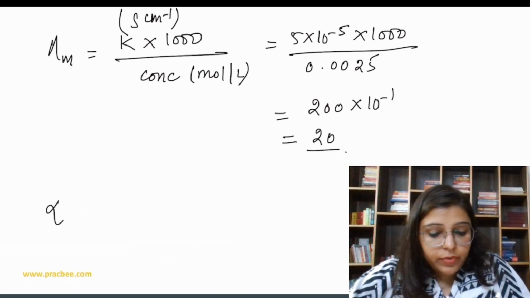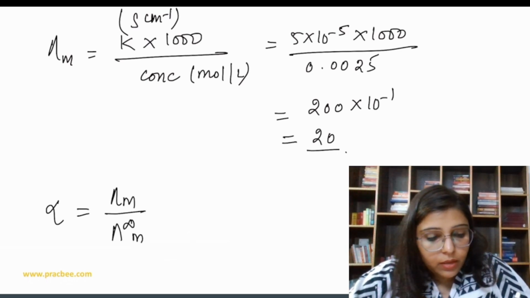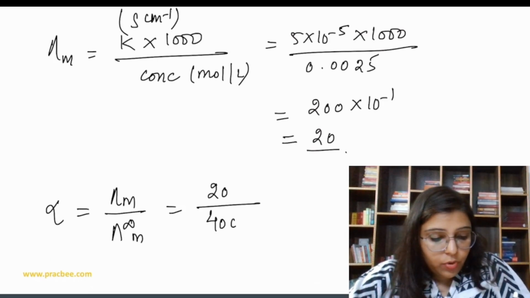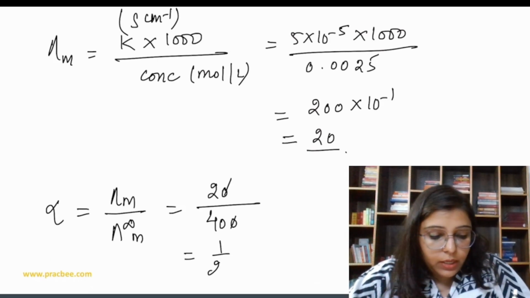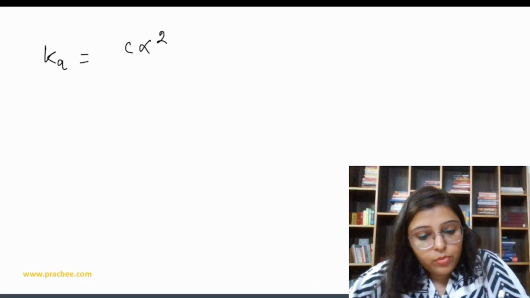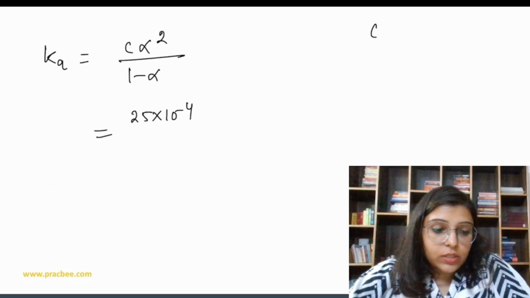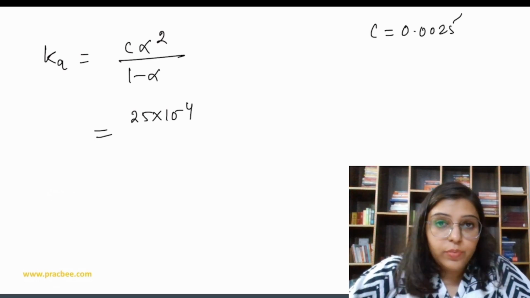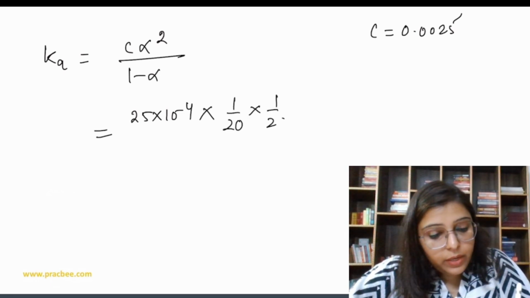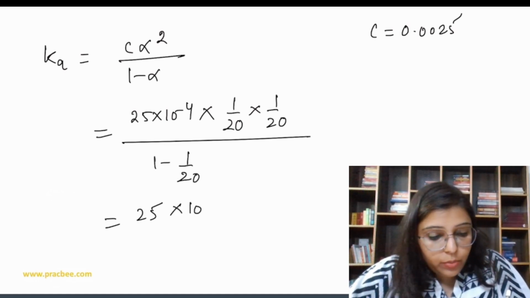Now in order to find alpha, alpha is equal to lambda m upon lambda infinity m. Lambda m is 20 and lambda infinity m is 400, so we get 1 by 20. Now let's find Ka. Ka is C alpha square upon 1 minus alpha. So this is 25 into 10 to the power minus 4, because the concentration is 0.0025. Alpha is 1 by 20 into 1 by 20, and 1 minus 1 by 20 we can write as 19 by 20.